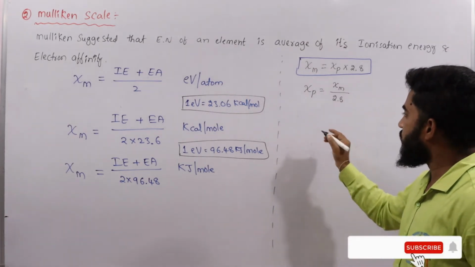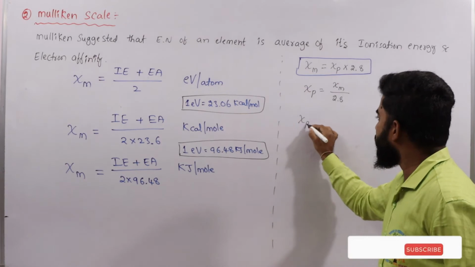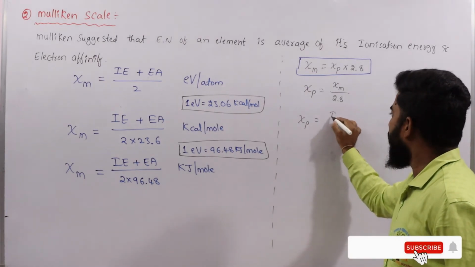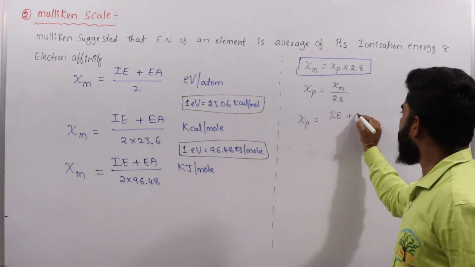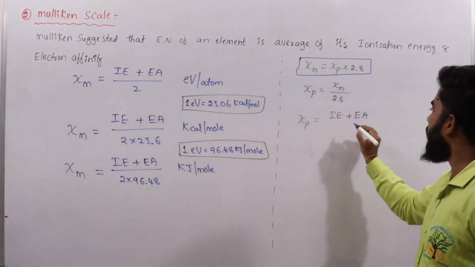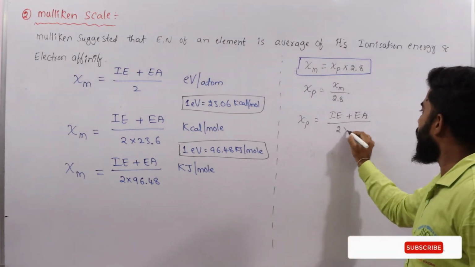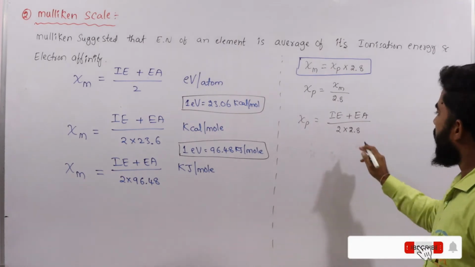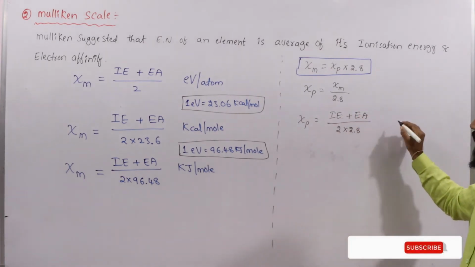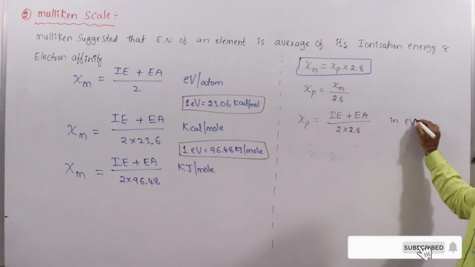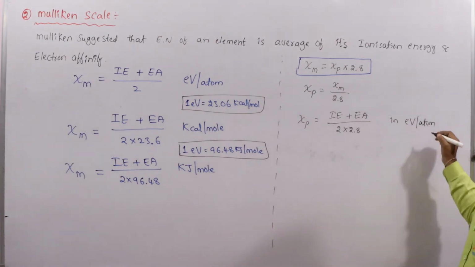So according to the Pauling scale, we can write (ionization energy plus electron affinity) by 2, into 2.8, when you take these energies in electron volt per atom.